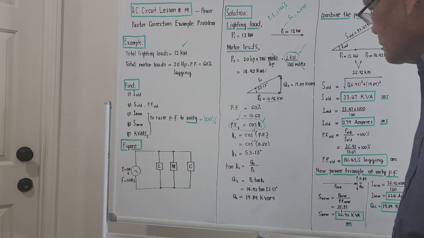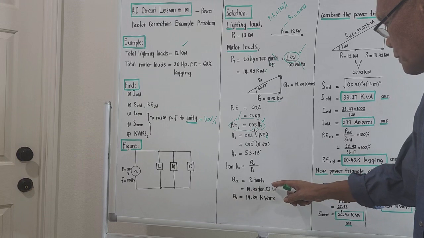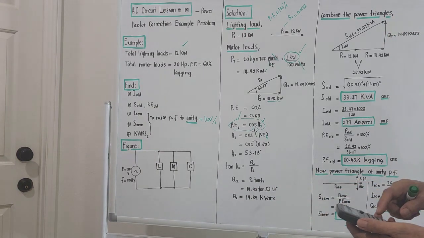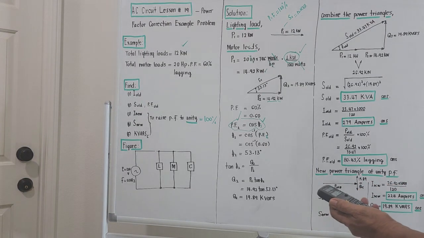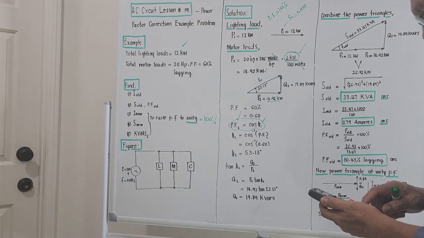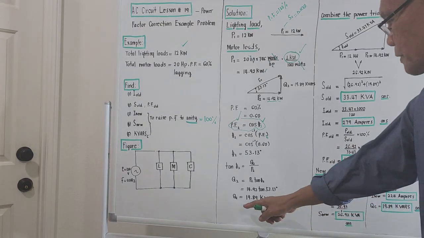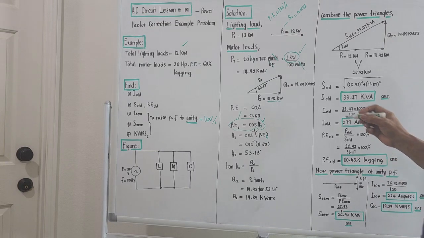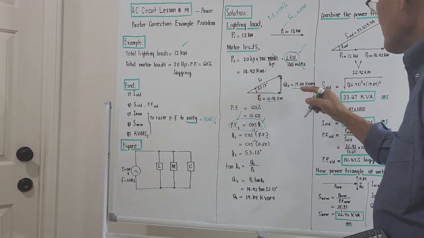So this will be 14.92 times tangent of 53.13 degrees. Tangent of 53.13 degrees is more than 1 because it's greater than 45 degrees. It's 1.33 times 14.92. What comes out is 19.89 kilovars. So the reactive volt amperes of all the motor loads is 19.89 kilovars.